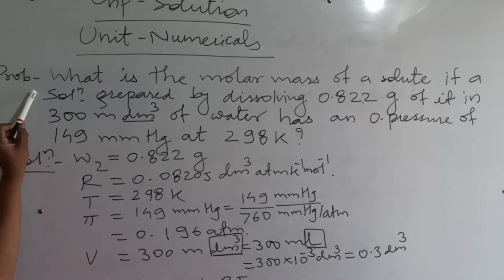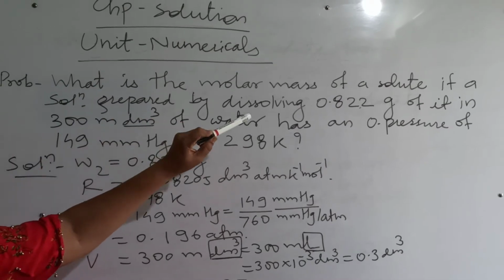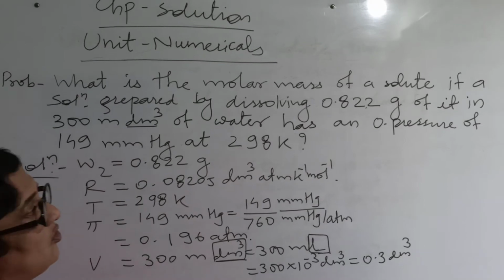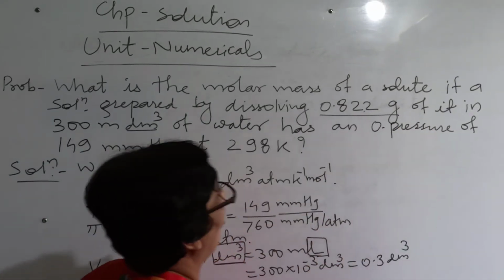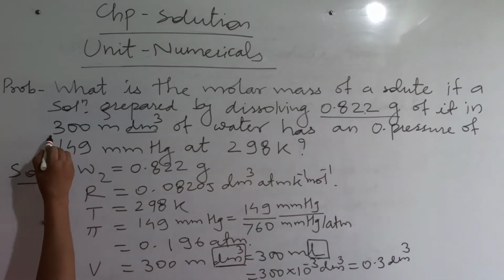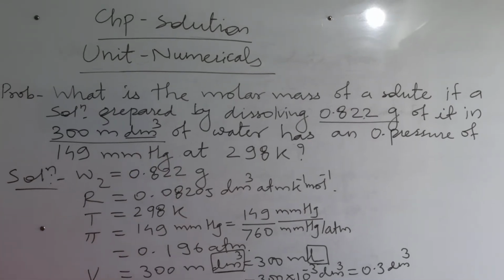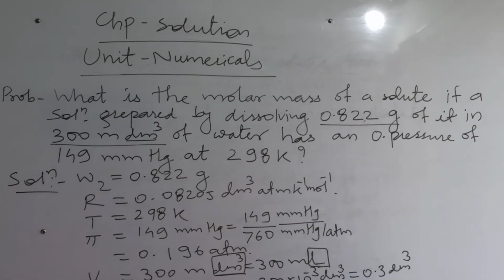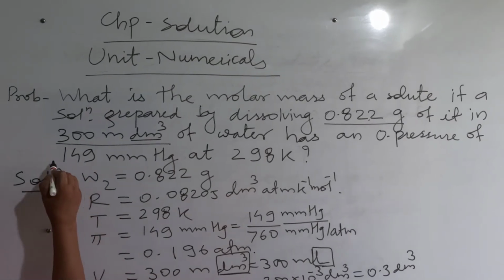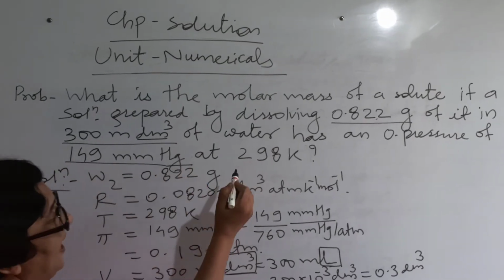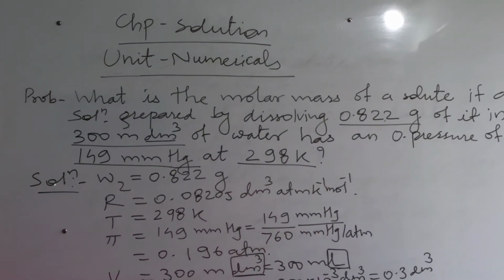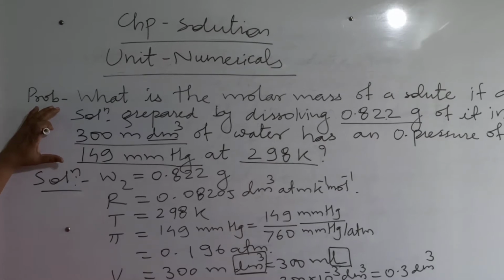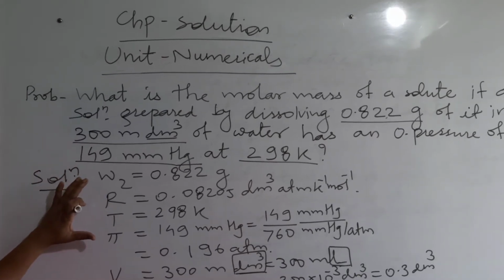The next problem is: what is the molar mass of a solute if a solution prepared by dissolving 0.822 gram of it in 300 dm cube of water, cubic decimeter it is called, has an osmotic pressure of 149 mmHg at 298 Kelvin. After reading the problem, first you have to write the values given.